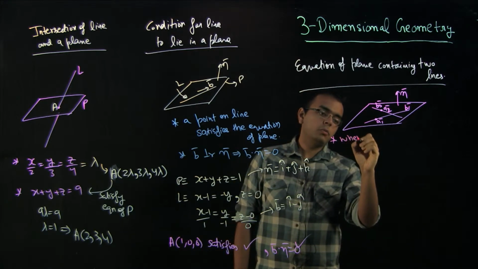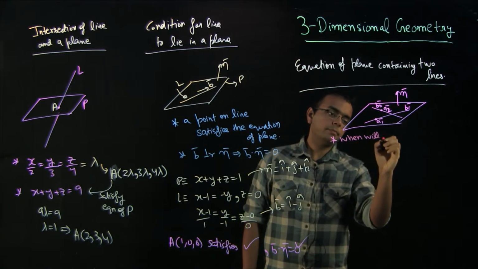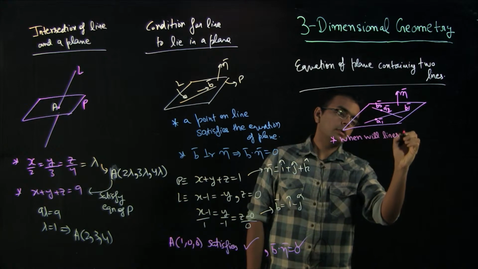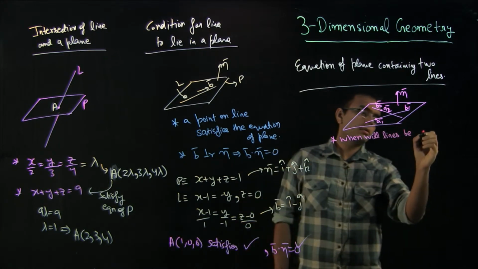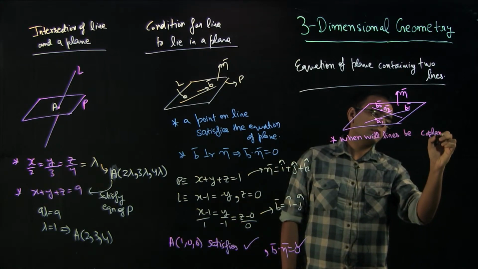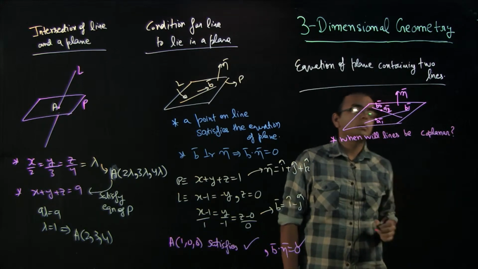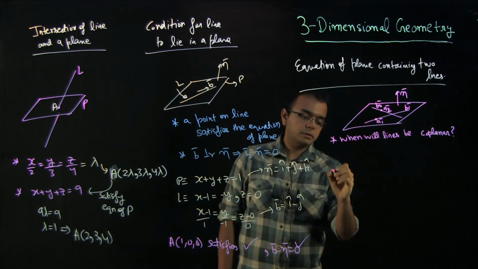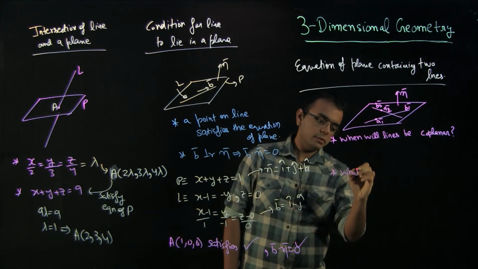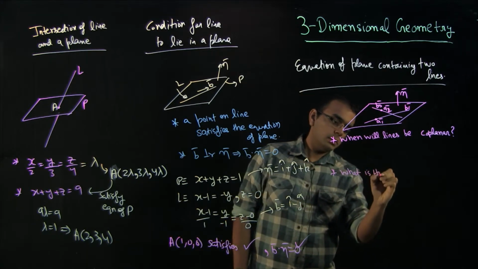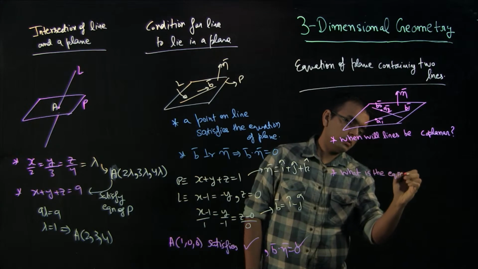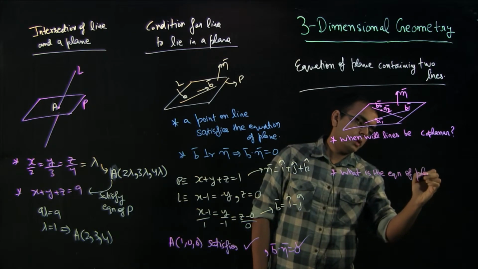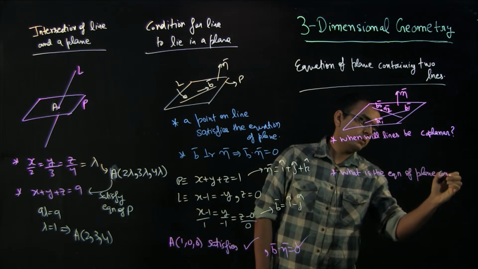One is, when will lines be coplanar? Okay, when will lines be coplanar? And the second question is, what is the equation of the plane containing two lines?